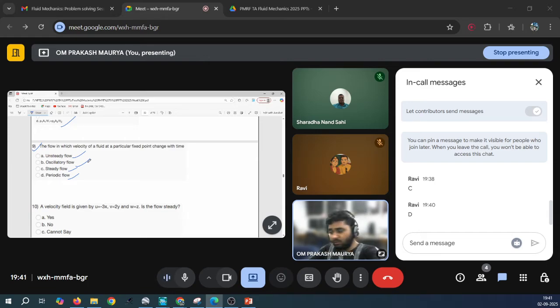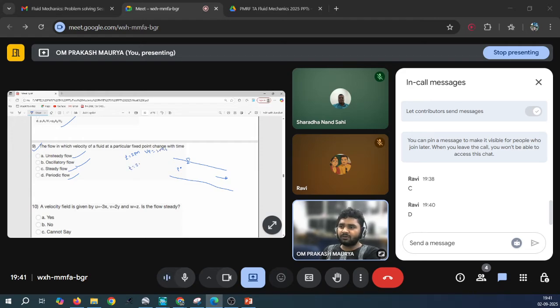Okay, let me just discuss. Let us suppose this is your channel and water is flowing like that. You want to measure velocity at that point P. Initially, at 2 pm, the velocity was 1 meter per second.